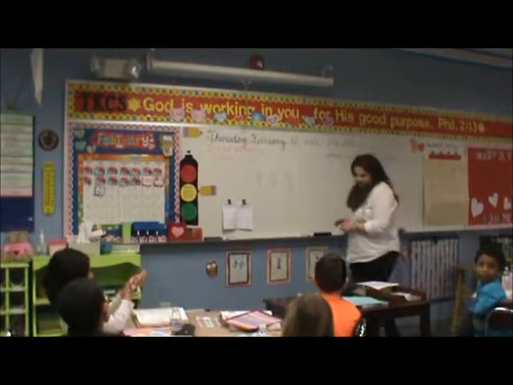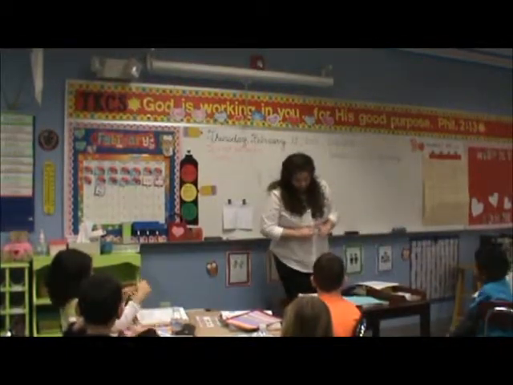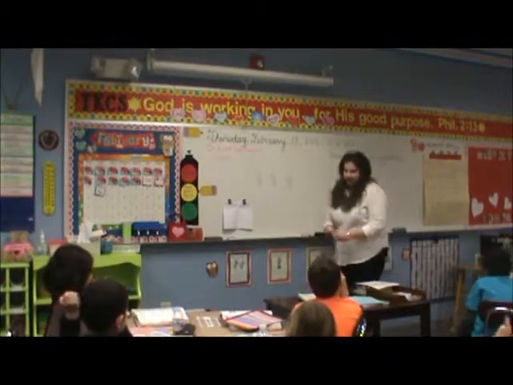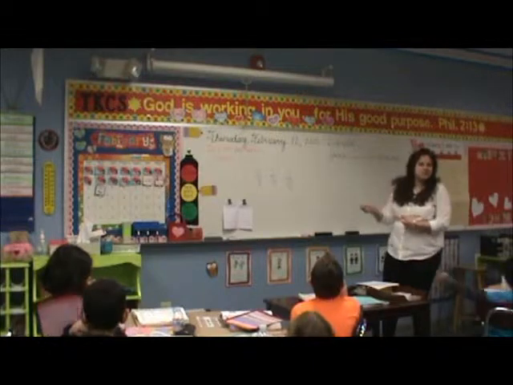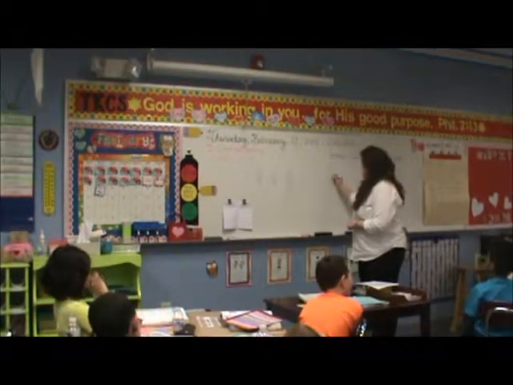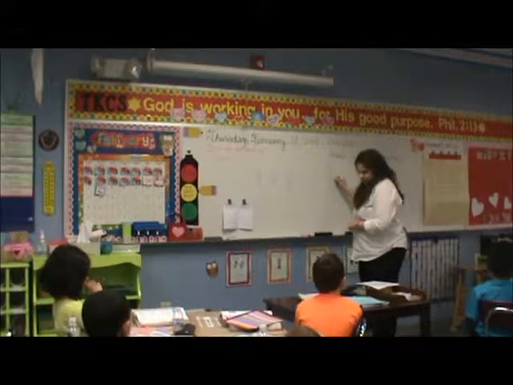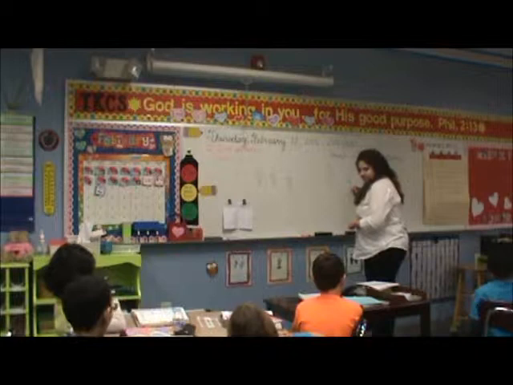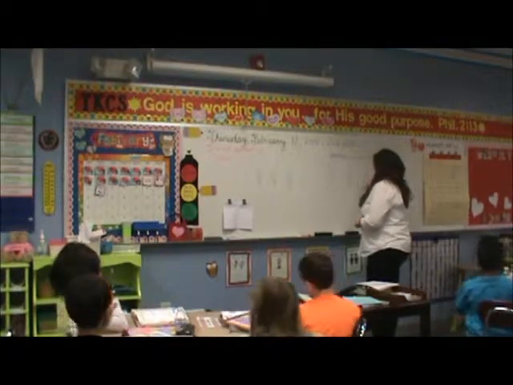Okay, so let's do one more. Okay, let's do number 12. Vince or Chiana. We're going to do number 12 together, and I want you to use your fraction strips or your table that we have.